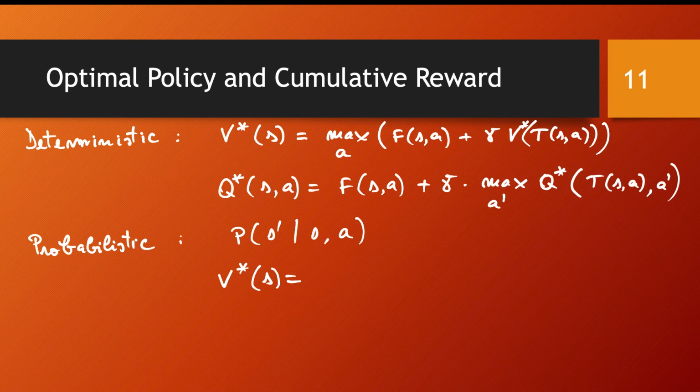It's going to be the maximum over the first action I can take, then I get this immediate reward f of S and A, and then it's going to be plus gamma.